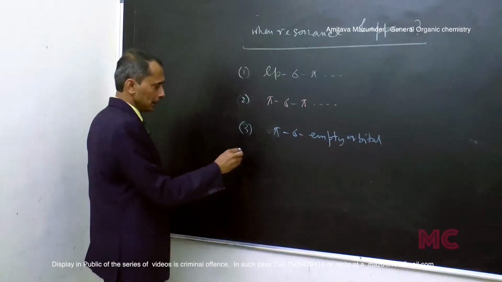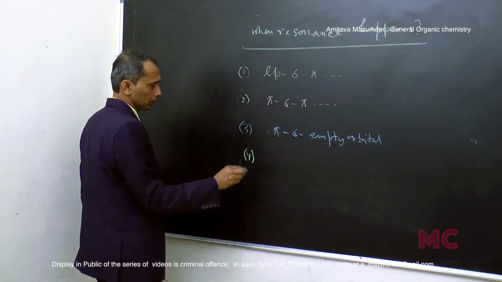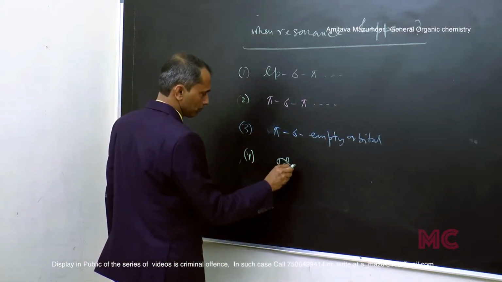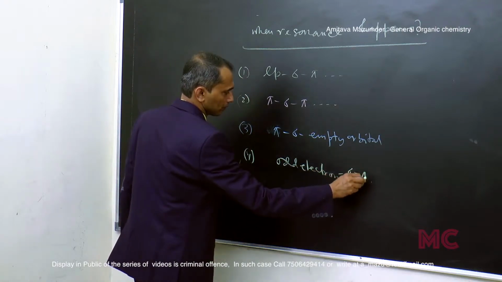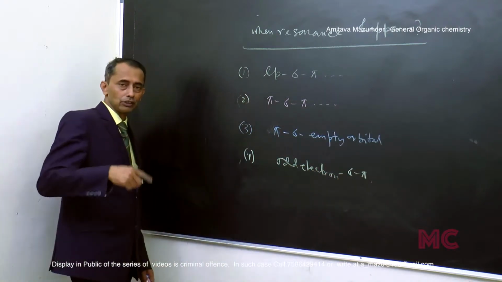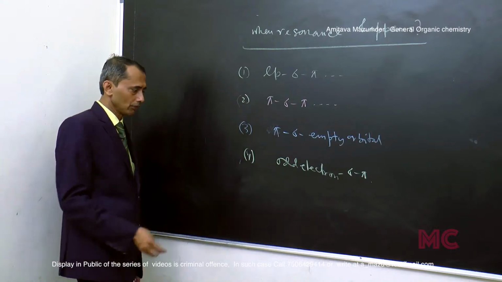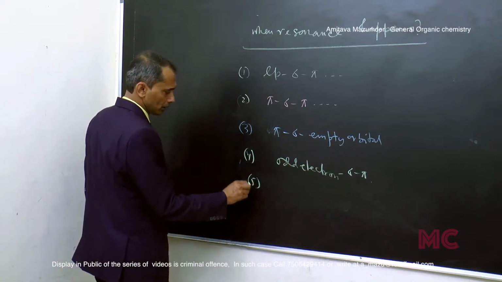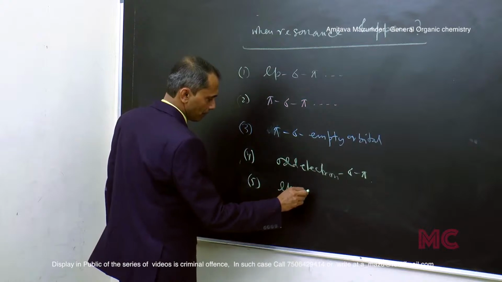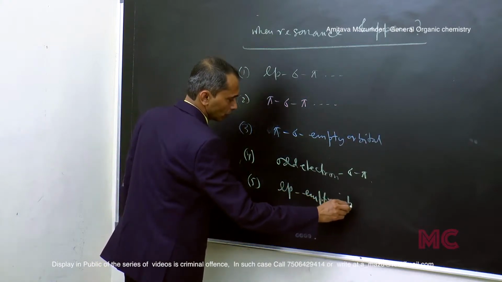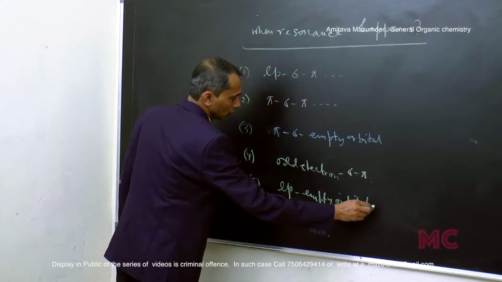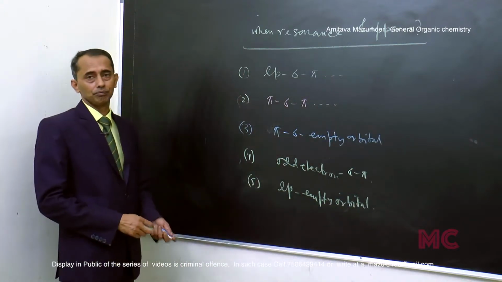Number four, once again we can write odd electron, sigma, pi kind of situation. Number five, that is lone pair and empty orbital. So you have to understand where and how resonance happens.